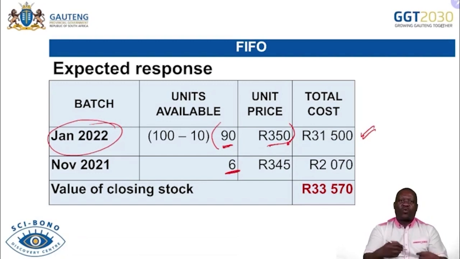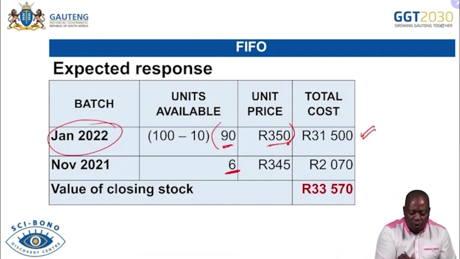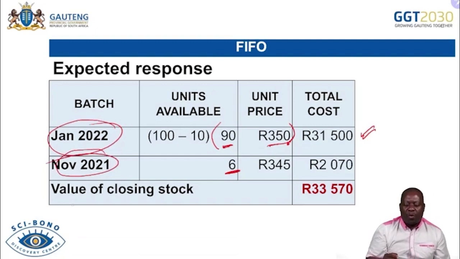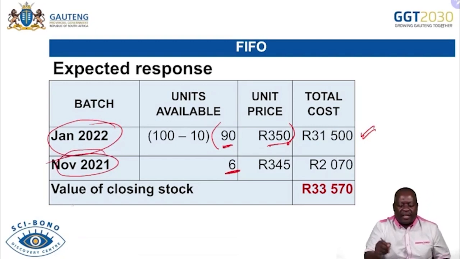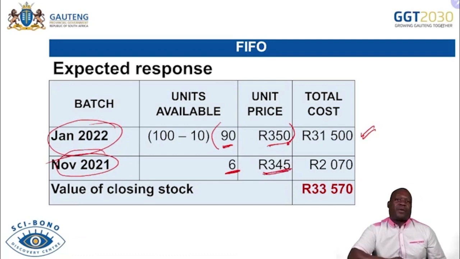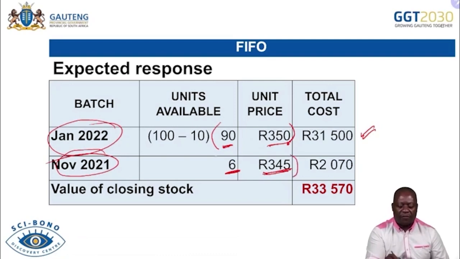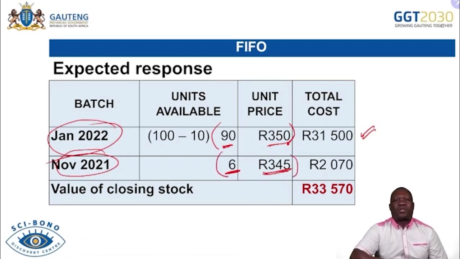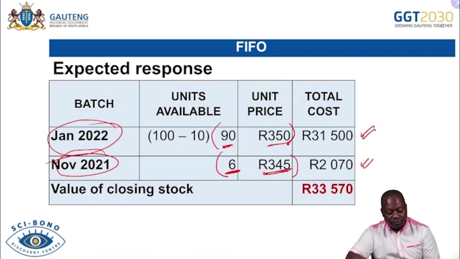So before the January, which batch was there? It is the November one. And why do we need to identify which batch? We want to know what the price was in the November batch. And the price was 345. So we multiply 6 times 345 to get 2070. So now this is the value of the 6 units from the November batch.